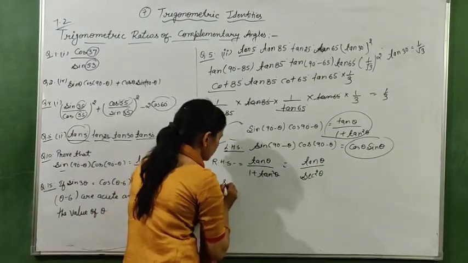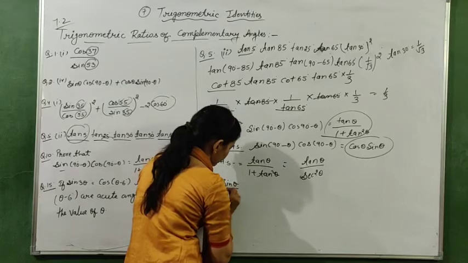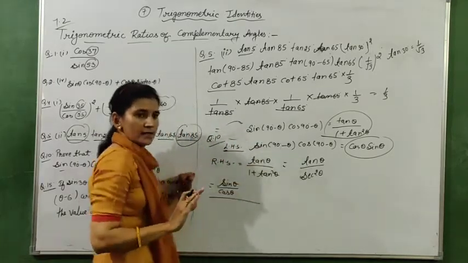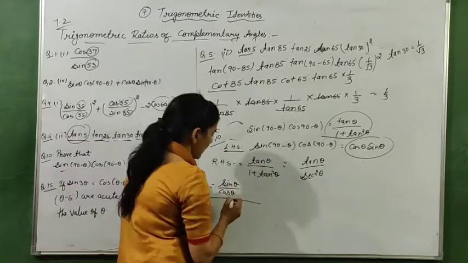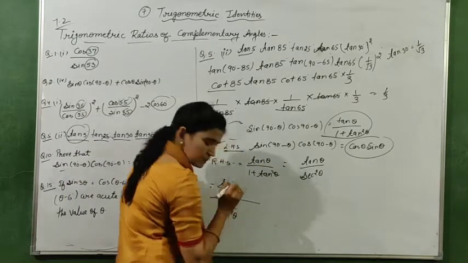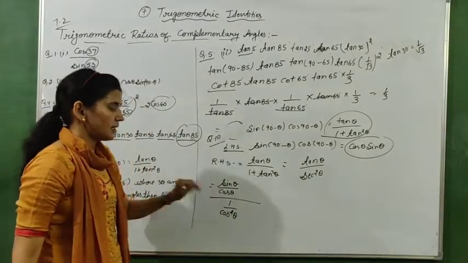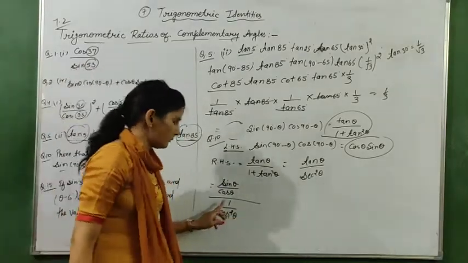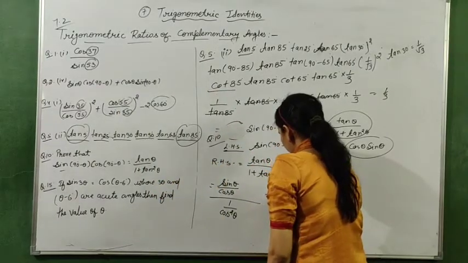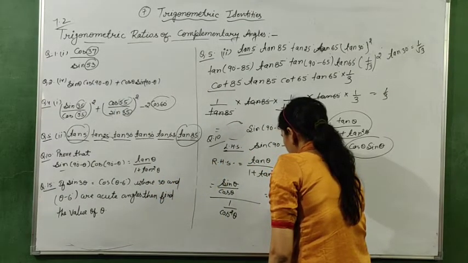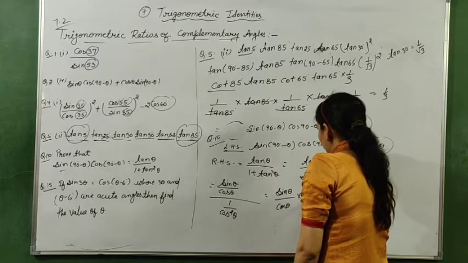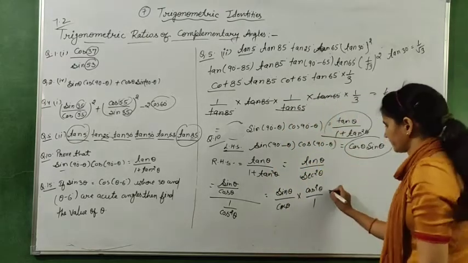So tan theta is equal to sin theta upon cos theta, and sec square theta is equal to 1 upon cos square theta. Sin theta upon cos theta divided by 1 upon cos square theta. Now this is equal to sin theta upon cos theta into cos square theta upon 1.